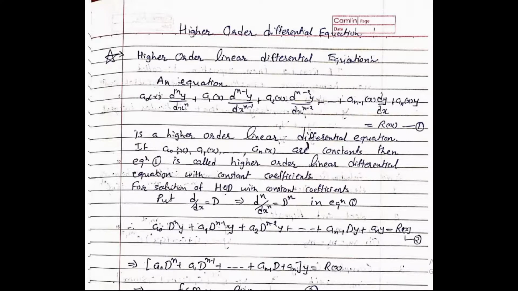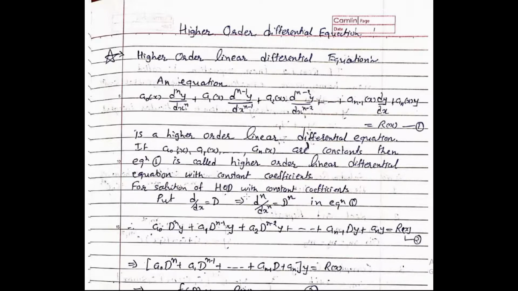It is called linear because each derivative term has a degree 1. Here if a0, a1, a2 up to an, they all are constants, then equation 1 is called a higher order linear differential equation with constant coefficients.